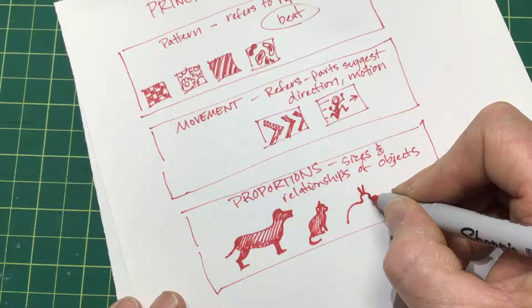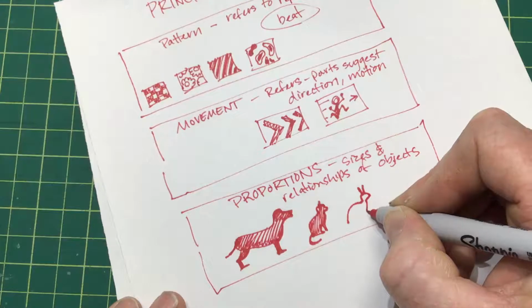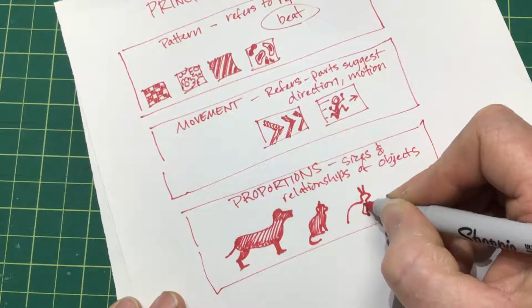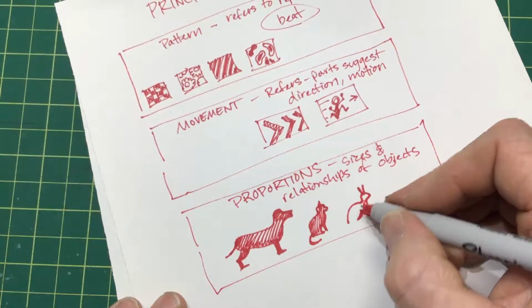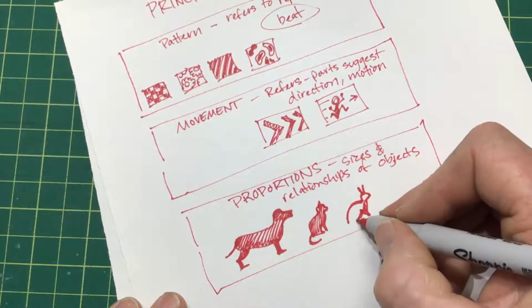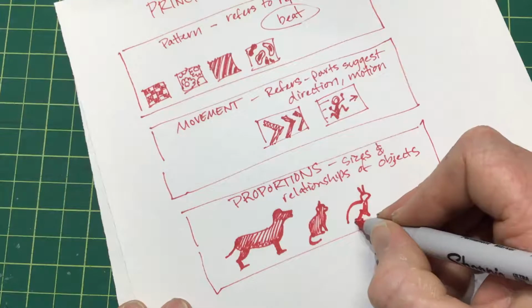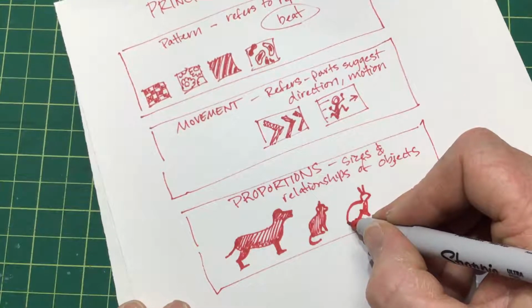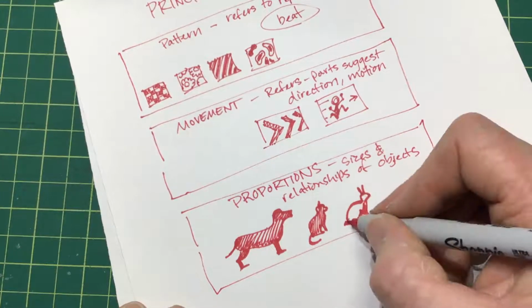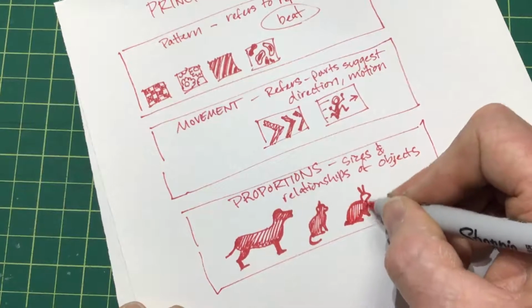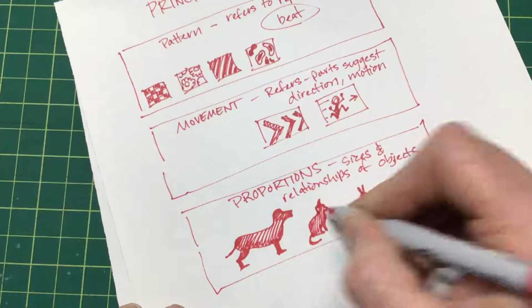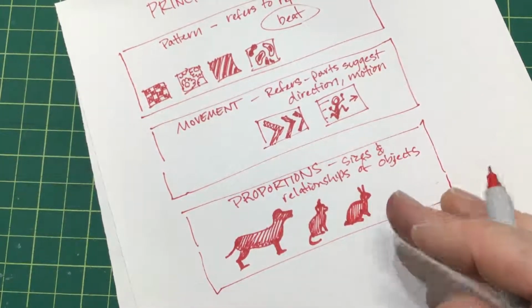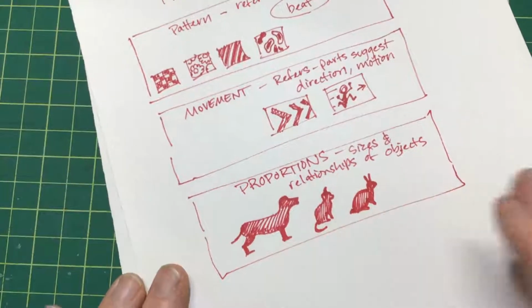Here is a runny babbit. This is a bunny rabbit. And we can say that generally they're about the same size as cats. Sometimes, at least our monster rabbits out where I live are about the same size as my cats. Sometimes they're smaller though. I mean, little bunny rabbits are smaller. So we're dealing with relationships of sizes when it comes to proportions.